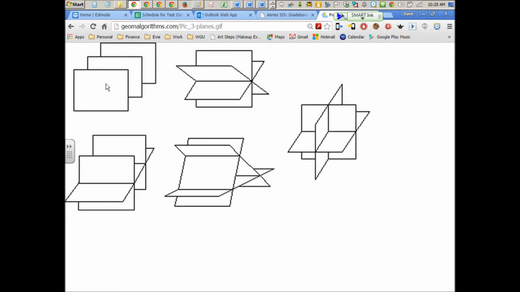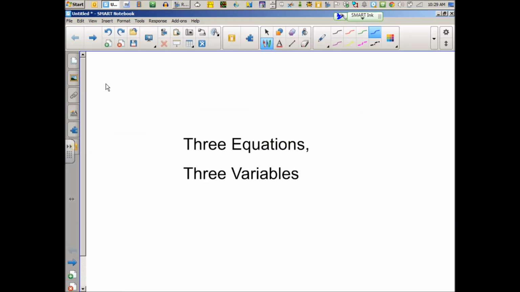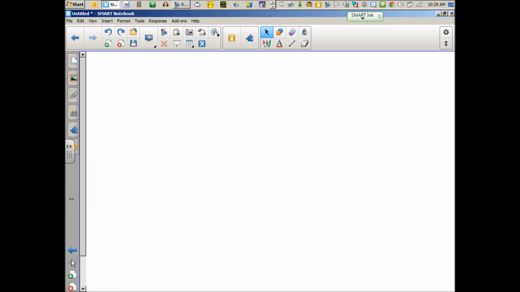So the equations look different, right? It's not just ax plus by equals e and cx plus dy equals f. Let's go back and write down what these would actually look like. Your equations are longer now. Your equations are ax plus by plus cz equals, let's say, r. Okay?